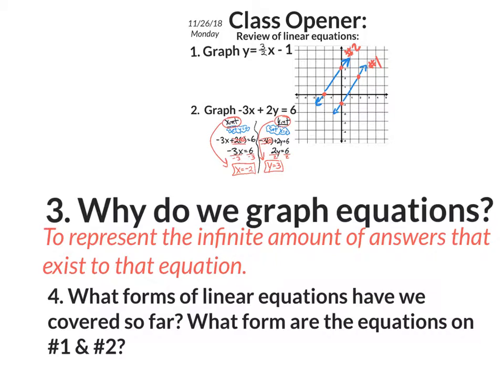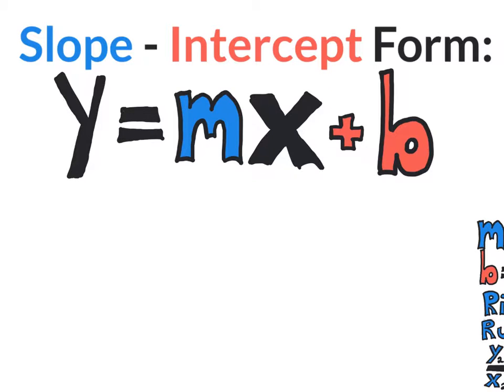Where you just get y by itself, and it's nice to be able to plug in some inputs and pull out some outputs. So let's actually go back and review the notes for slope-intercept form and standard form. So slope-intercept form is y equals mx plus b, all right? The m's in blue. What does the m represent?